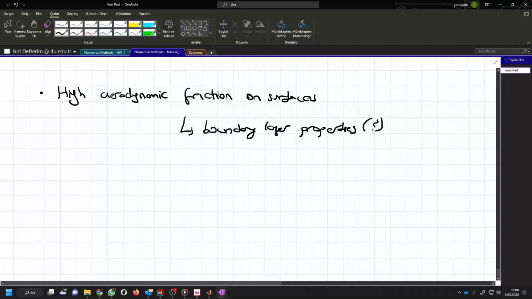Put a question mark here. Or this heat, because of the high aerodynamic frictions, may also affect the internal modules of the missile. That may be electronics, that may be warhead, that may be high tolerance parts inside the missile body.